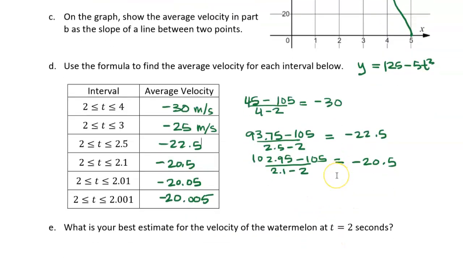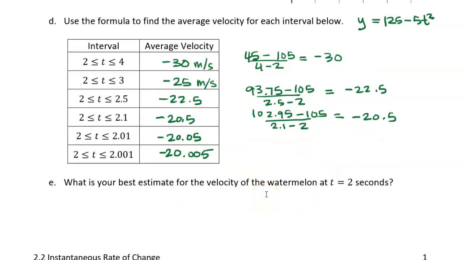What I've done is take smaller and smaller intervals, so I'm getting closer and closer to 2. I could do another one between 2 and 2.00001, or between 2 and 2.000000001. I could get as close as I want to, and I'm going to get better and better estimates of my instantaneous velocity at t equals 2 seconds.